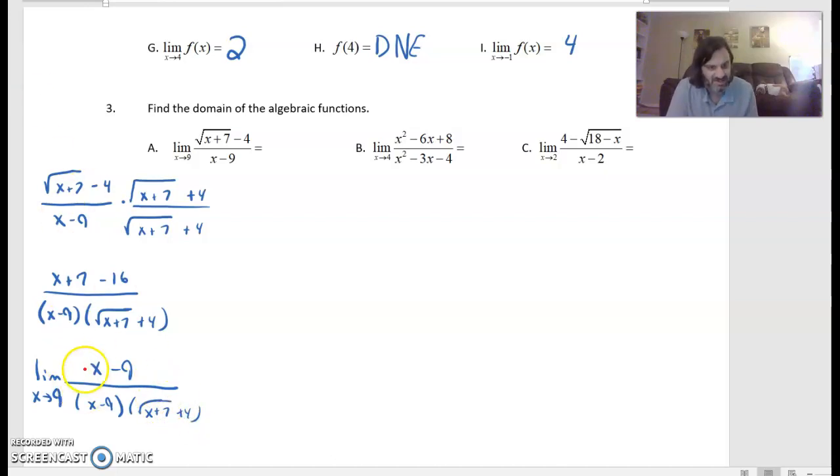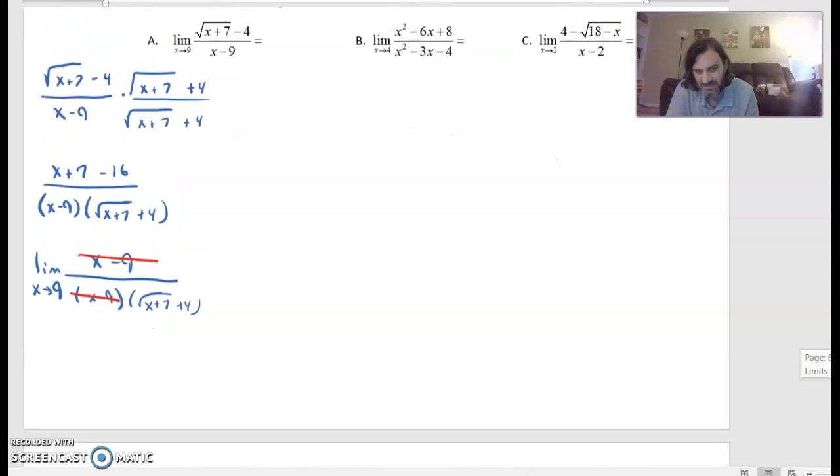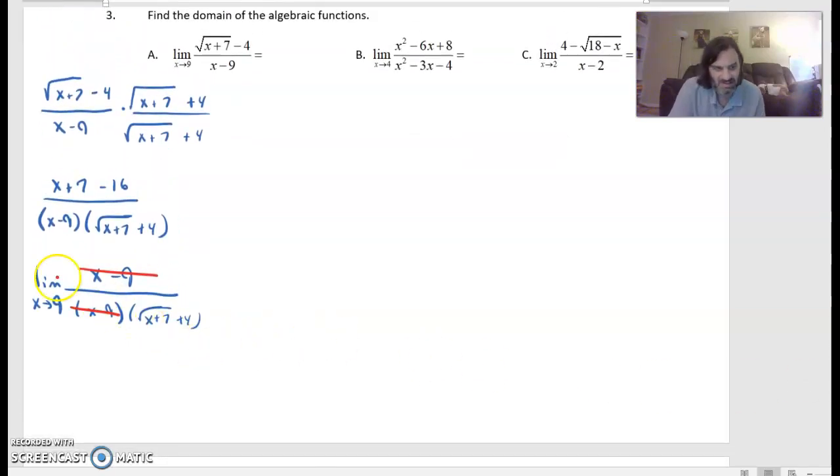So we can cancel out that x minus 9 on top and bottom. So now we can plug in the 9. So let's scroll down a little bit to give ourselves more room. When we plug in the 9, we get 1 on top because everything reduced. And on the bottom we'll have square root of 16, which is 4, plus 4. So it looks like the limit is 1/8.